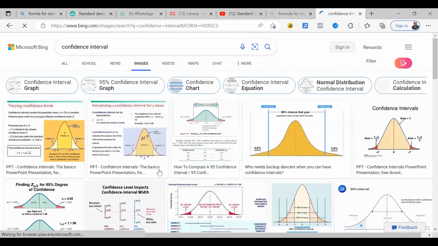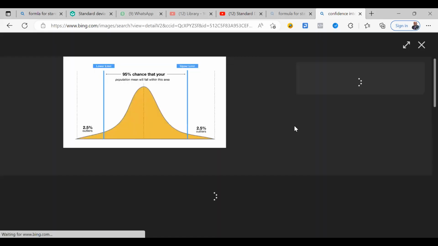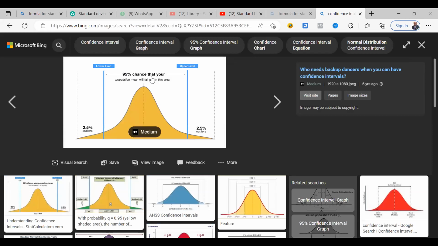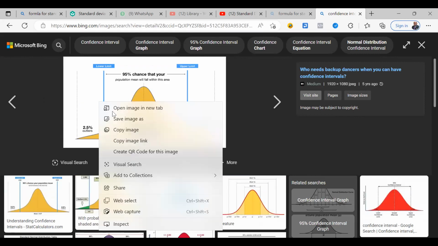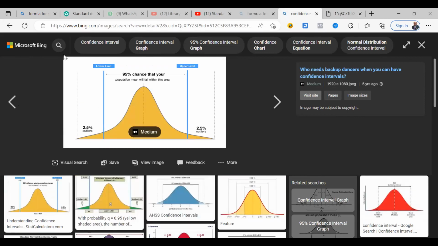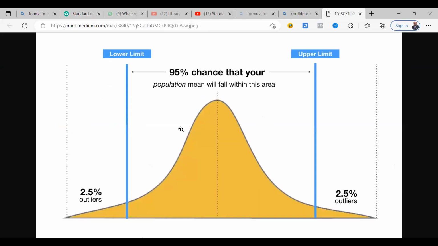So this is the confidence interval that you are asking about. Okay, you can see it's defined as, we said, that in research we normally assume a 95% confidence interval. That's the one we are using. Let me open this image. So can you see this one now? Yes.